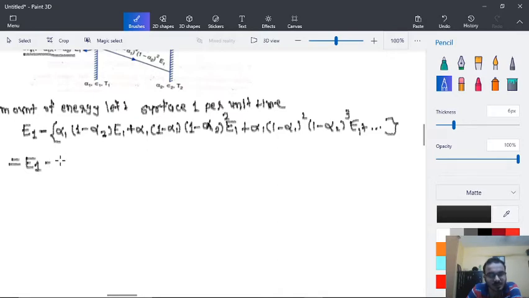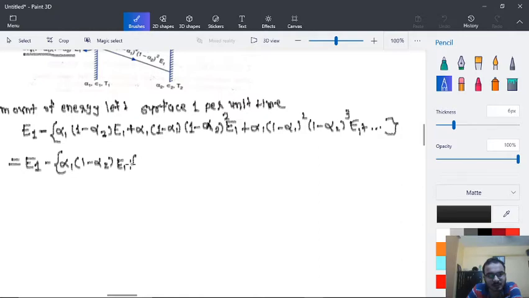minus into the bracket alpha 1 into 1 minus alpha 2 into E1. Let's take this common.